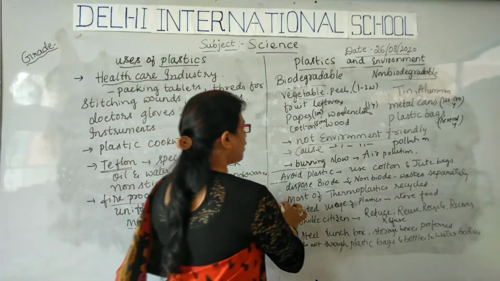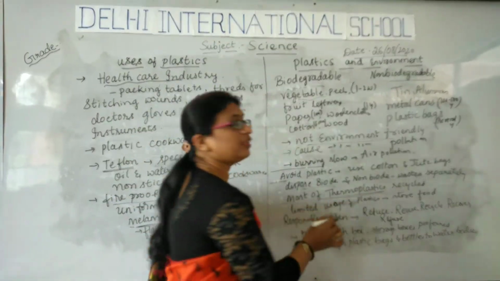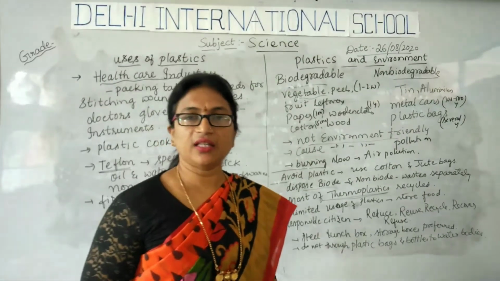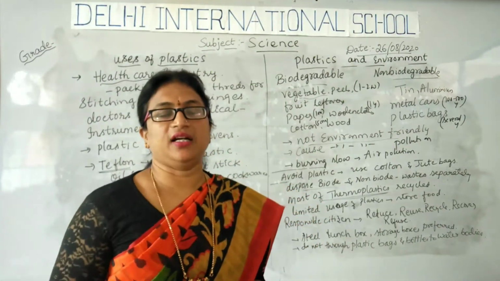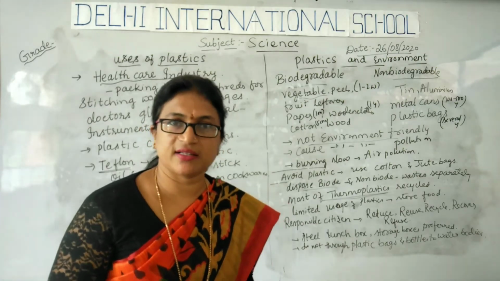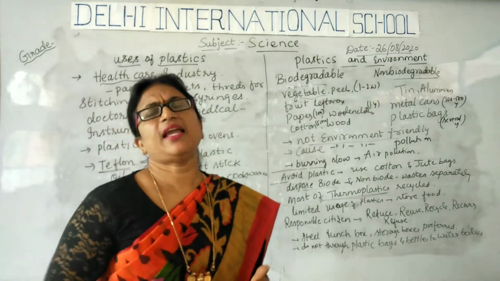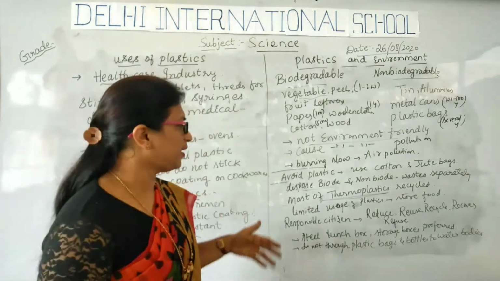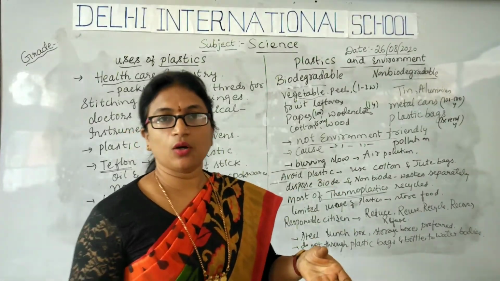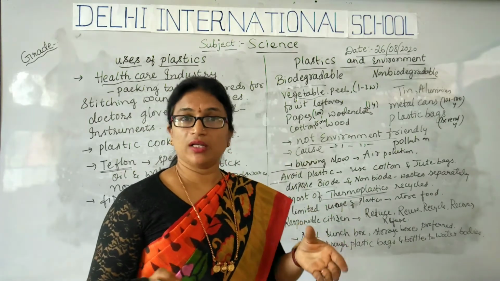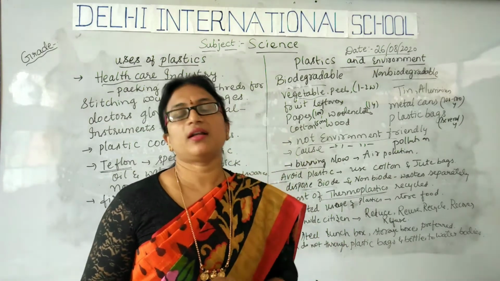And we should prefer thermoplastic rather than thermosetting plastic. We should prefer thermoplastics such as PVC and polythene bags, because they can be recycled. But cookware and microwave oven plastics are not recyclable.